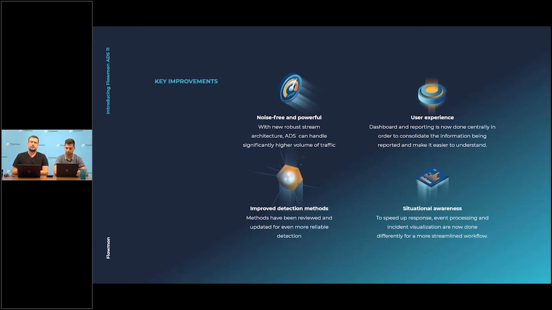We also work on situational awareness. We are now able to provide you with fewer detected events, so you are not overwhelmed. And we also provide deeper detail in each detected event.